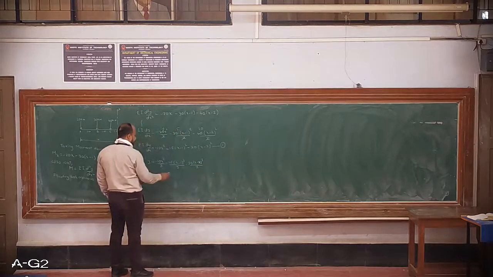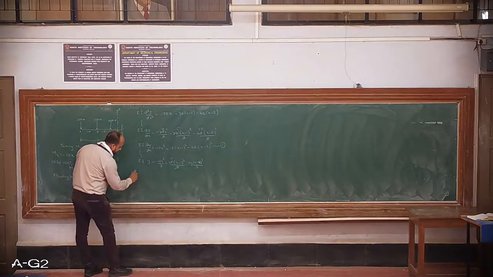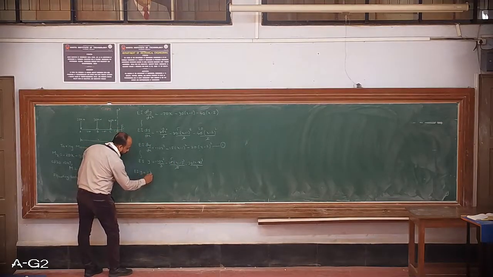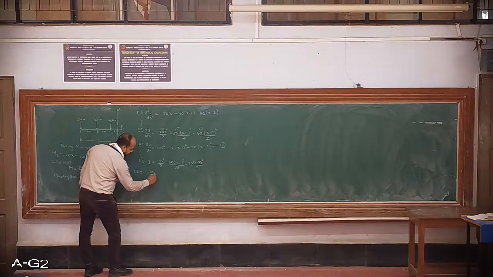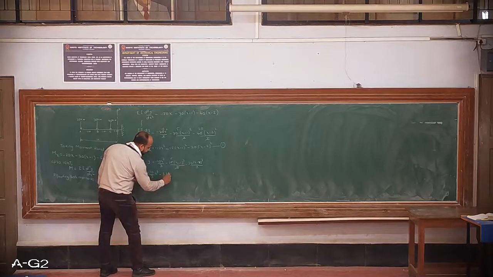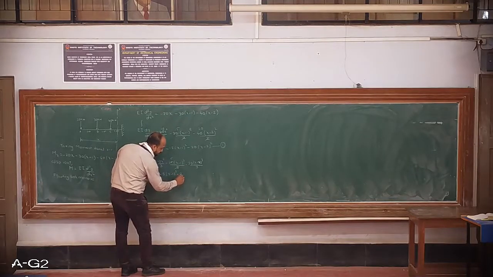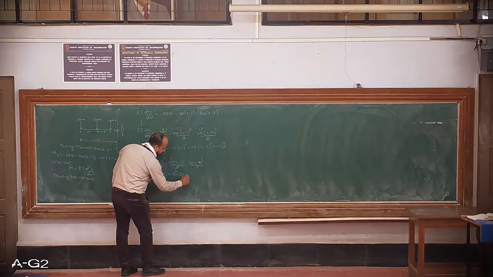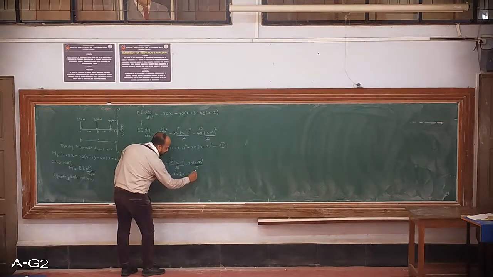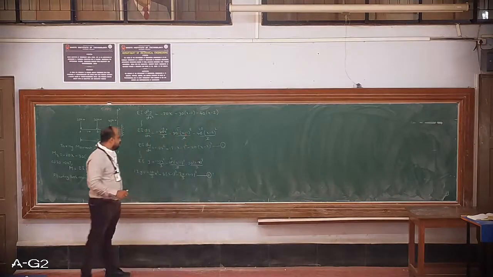Again simplify, only one term will go. So EI into y is equal to minus 10 by 3 x cube, minus 5 into (x minus 1) cube, minus 20 by 3 (x minus 2) cube. I will call this equation number 2.